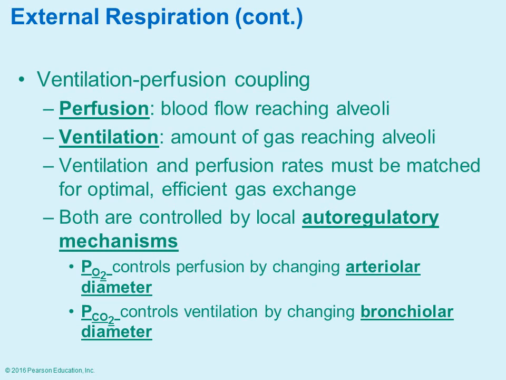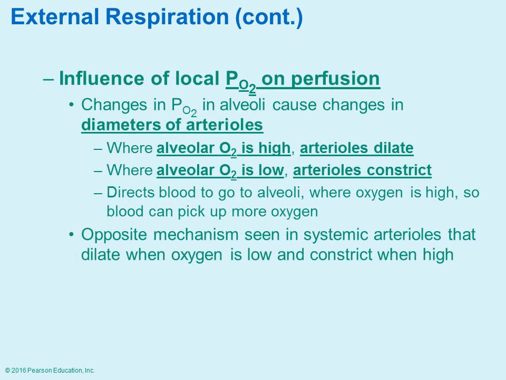Another way that you could control it is by changing the diameter of your bronchial tubes so that in the breathing process you can get more air in. So that's essentially what this is talking about.